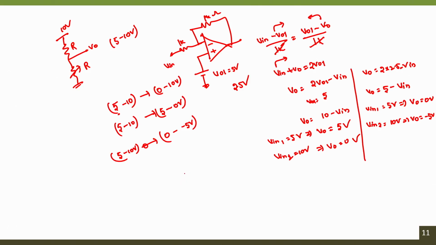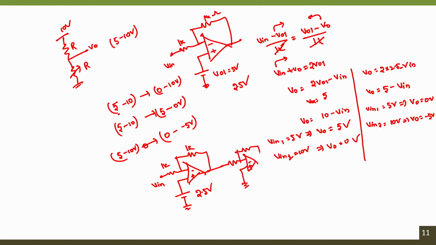So, what I mean is that if I use another inverting amplifier configuration, here the offset voltage is 2.5 volts, 1 k, then V in, then again I will be considering one more inverting amplifier configuration with a gain of 1 k, right.